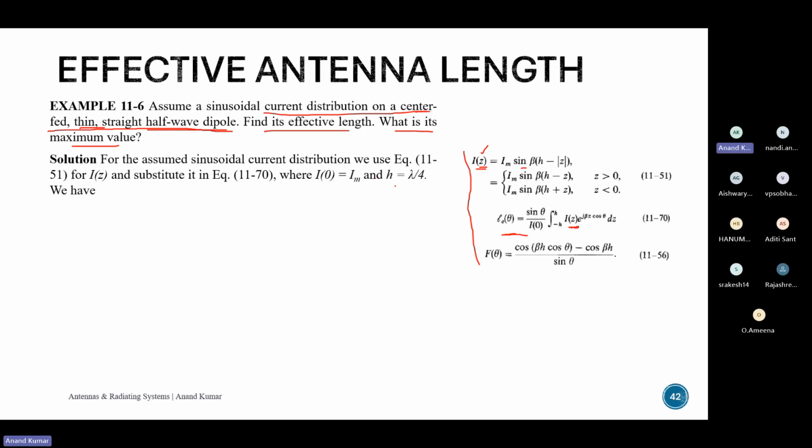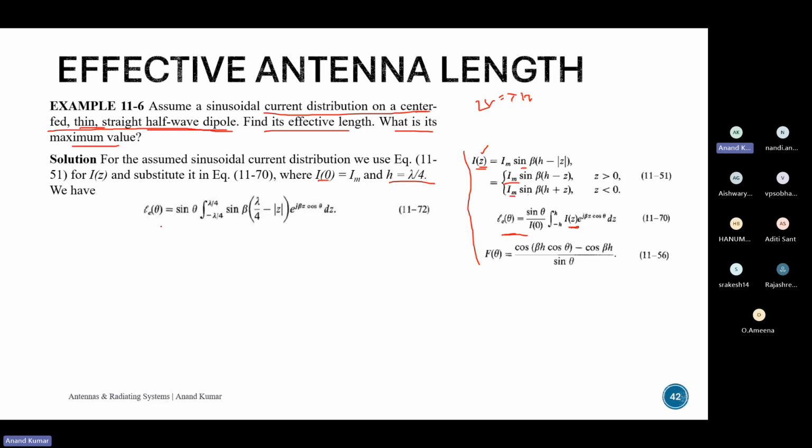We're given the length. This is a half wave dipole, right? So we had 2h equals lambda by 2, which implies h equals lambda by 4. We can substitute that. Over here, the maximum value of I naught is Im at the feed.